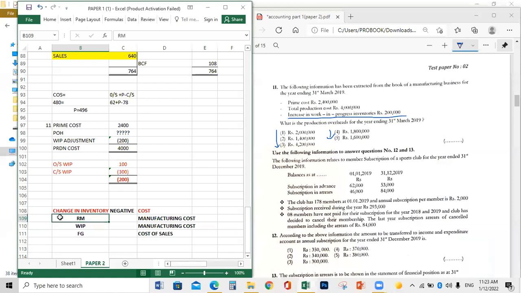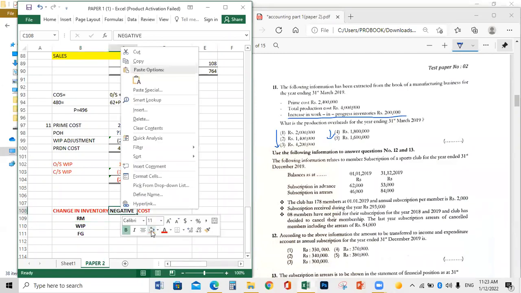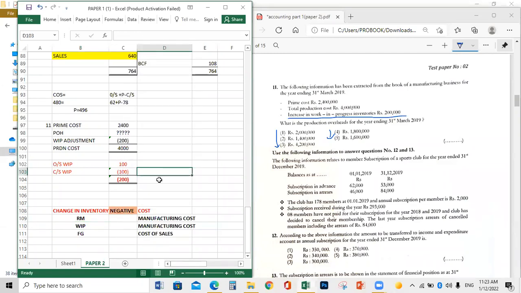If the raw material increases, manufacturing cost reduces. If work in progress increases, manufacturing cost is reducing. If finished good increases, your cost of sales decreases. This is what you have to remember. All you have to remember is, guys, negatively related. That's it. The change, okay?